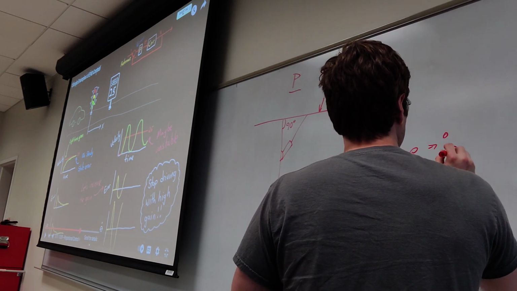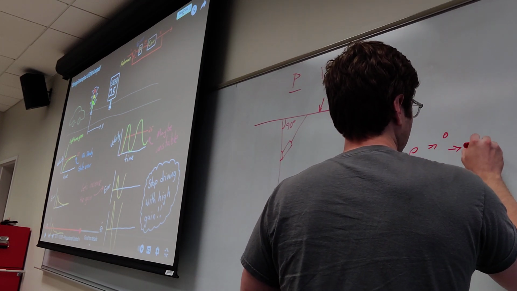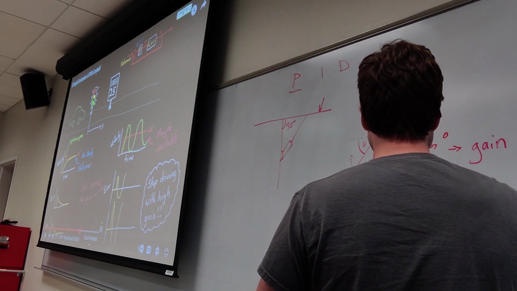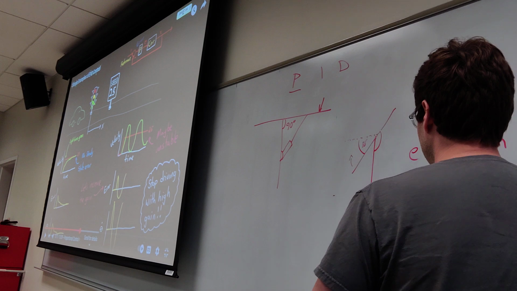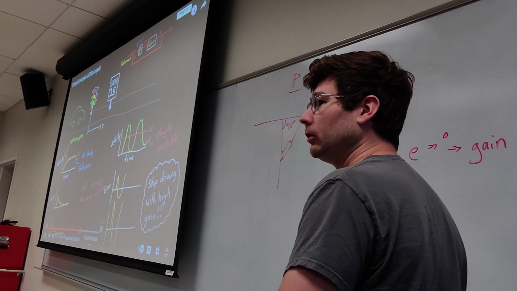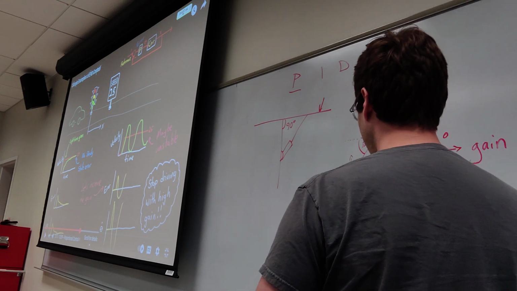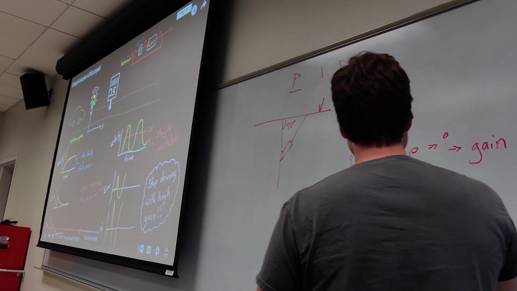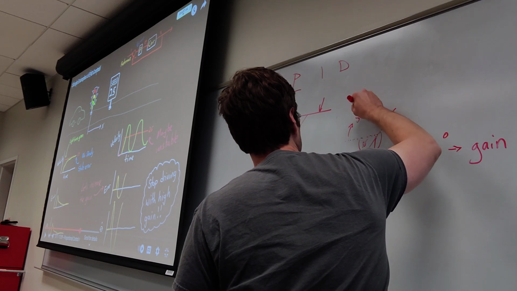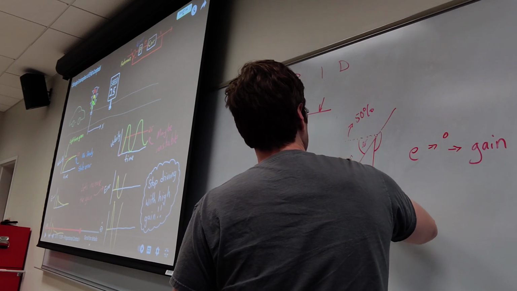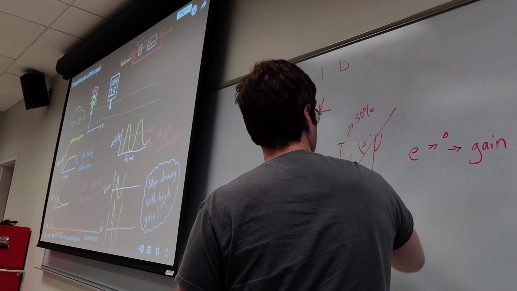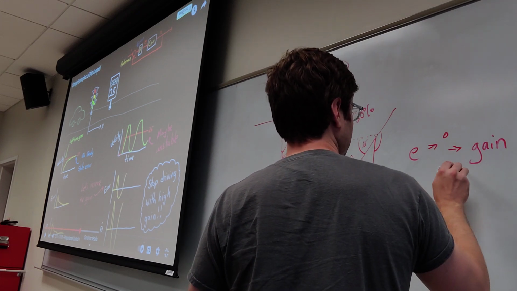Now this is where we're talking about the gain that he was talking about before. It's literally the thing that you multiply E by to see how hard we should push the other way to correct that error. So this is our example before. If we know that we need, for example, 50% power to correct for this much difference, we can set our gain to 50.